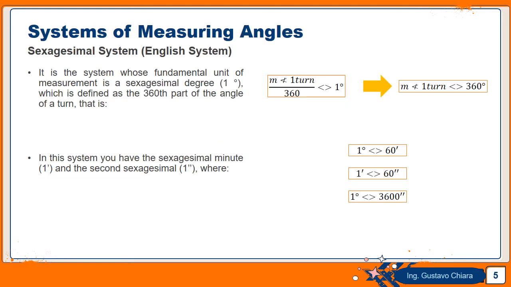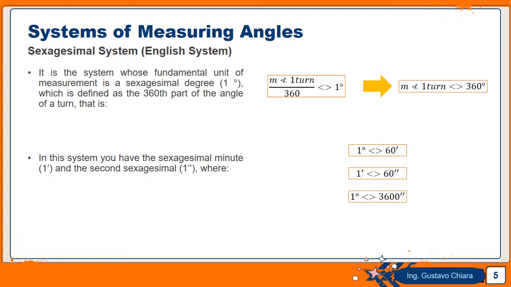Systems of measuring angles. The first system that I'm talking about is the sexagesimal system or English system. It's a system whose fundamental unit of measurement is the sexagesimal degree, which is defined as the 360th part of the angle of a turn. That is, the measure of one turn divided by 360 is equal to 1 sexagesimal degree.